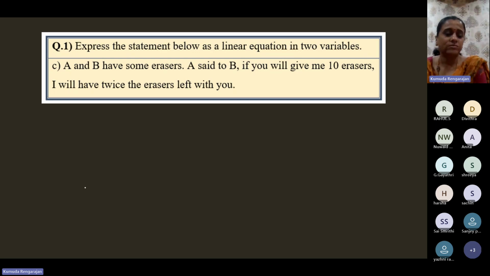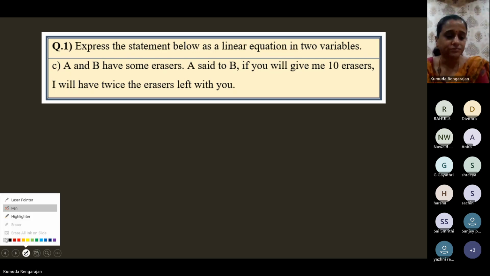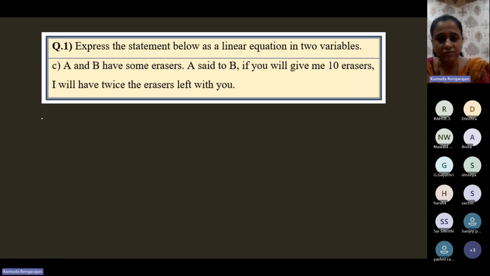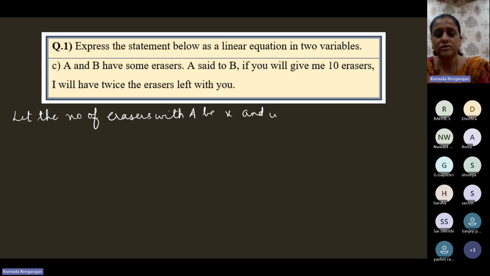A and B have some erasers. So let the number of erasers with A be X. Let me write it again.